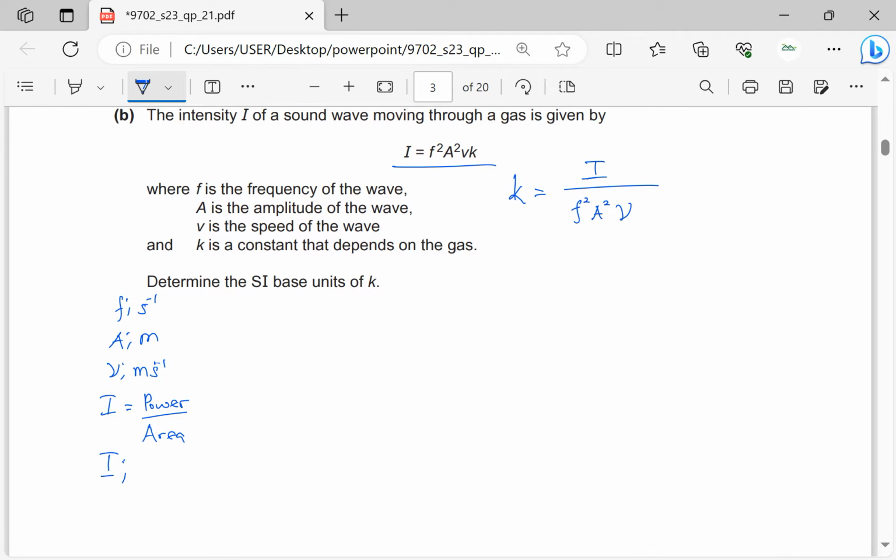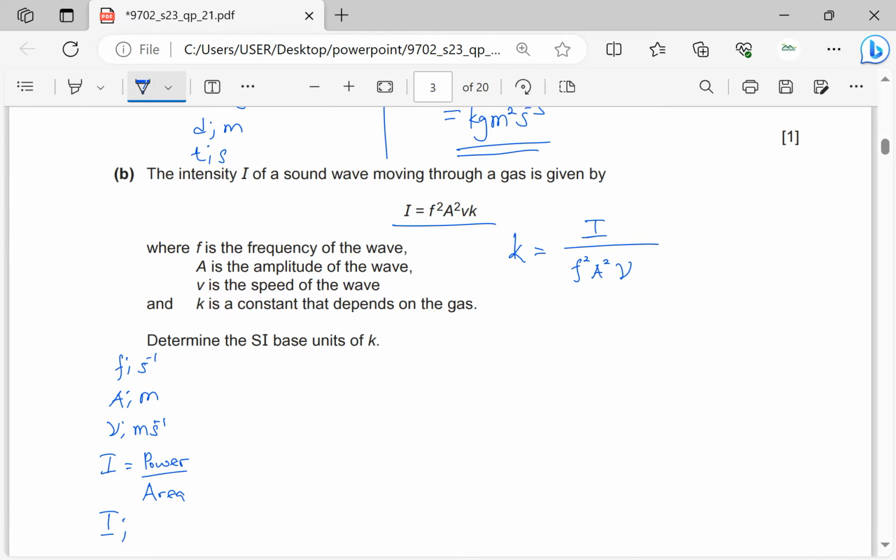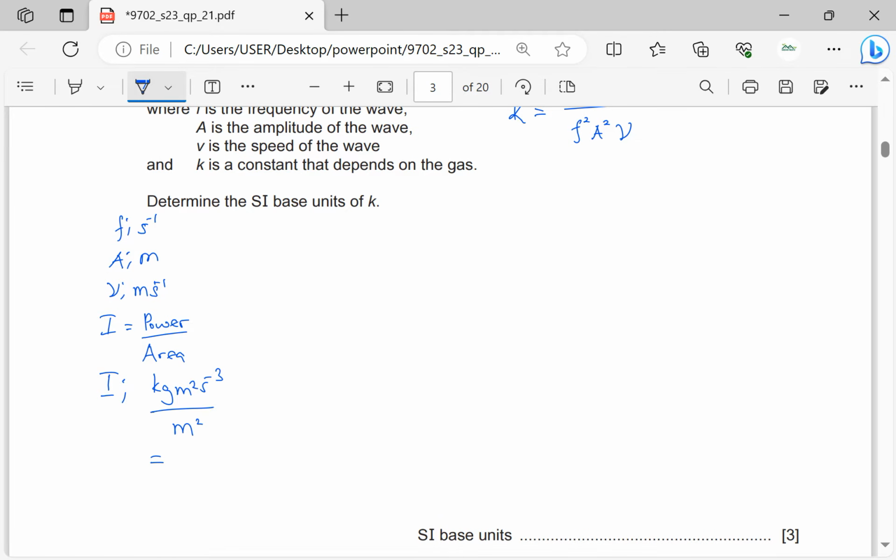So the units of intensity are going to be power, which we obtained above, that is kilogram meters squared per second cubed divided by the area, which is meters squared. So when we simplify, meters squared has cancelled out. So the units of intensity are going to be kilograms per second cubed. It's kilogram per second cubed.